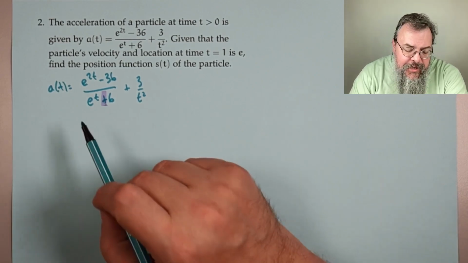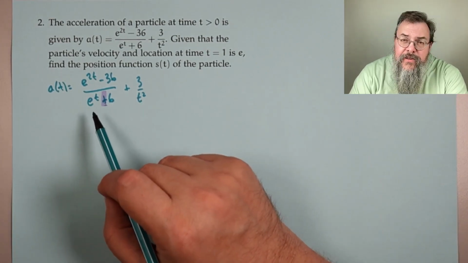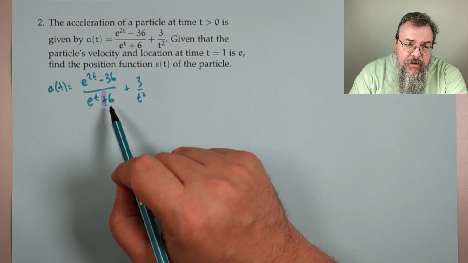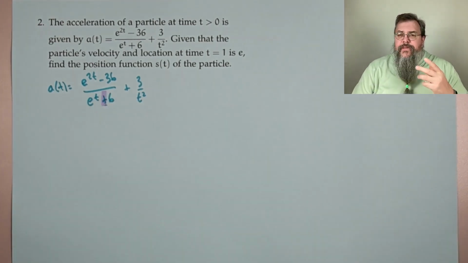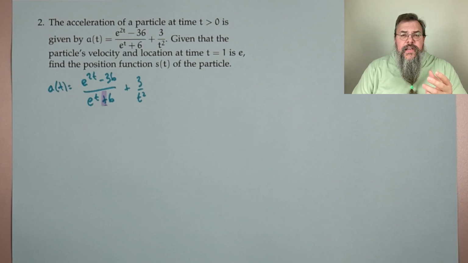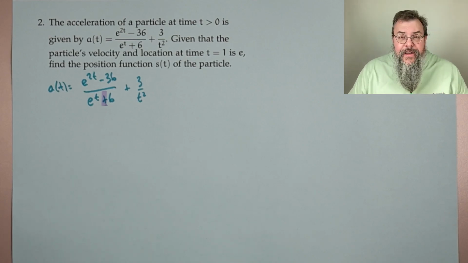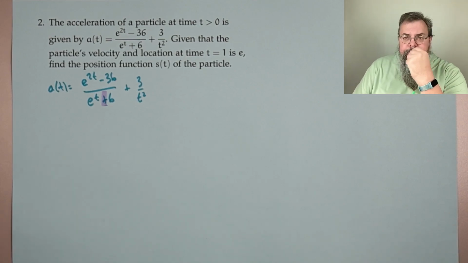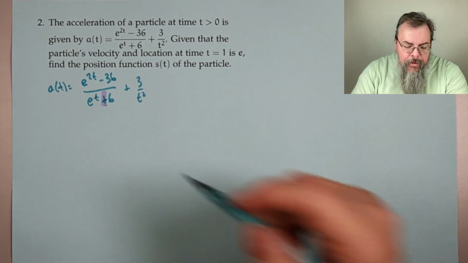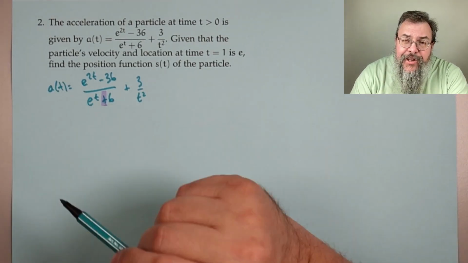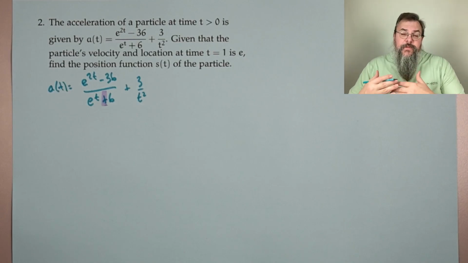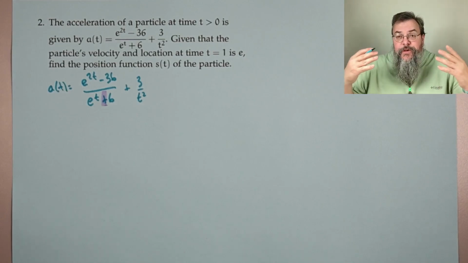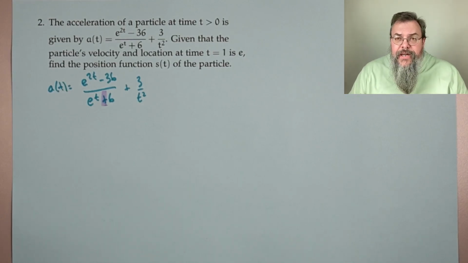Now looking at this, we start to get a little bit suspicious about these numbers here. You see there's a 6 and a 36. And like, wait a second, 6 and 36 are related. 6 squared is 36. What about e to the t and e to the 2t? Are they related in such a way? So for example, if you started with e to the t and were to square it, what would you get?